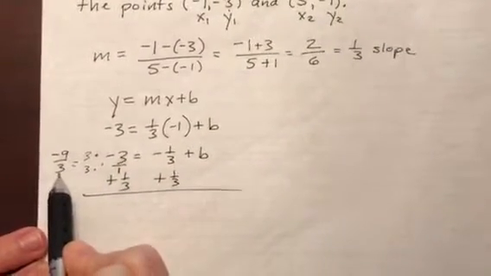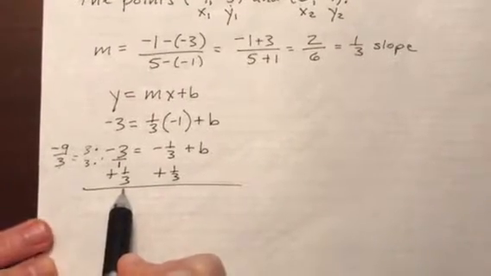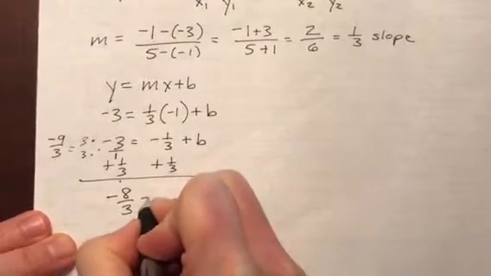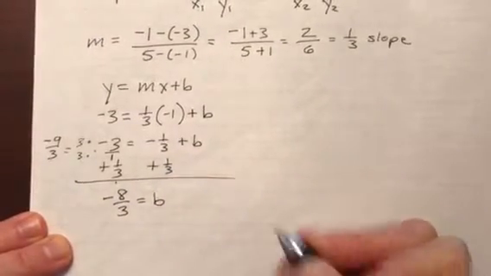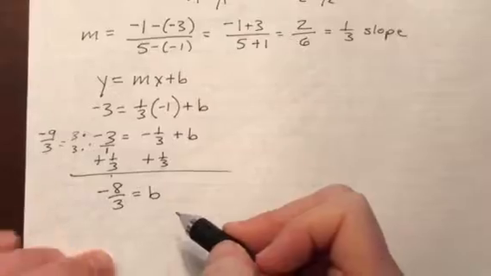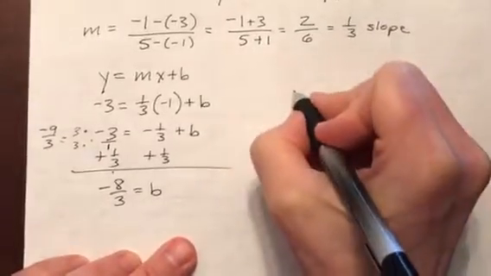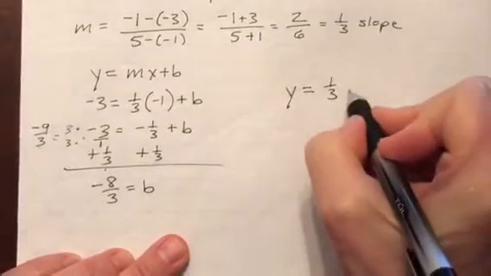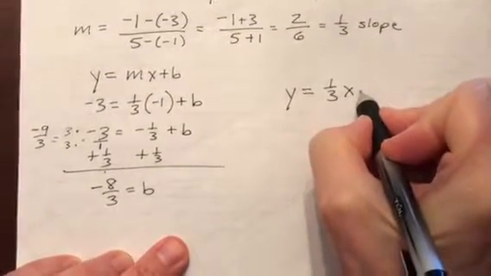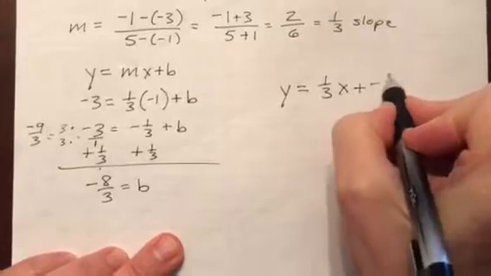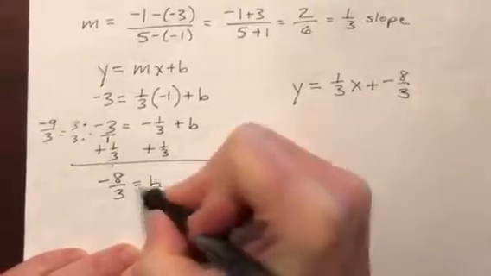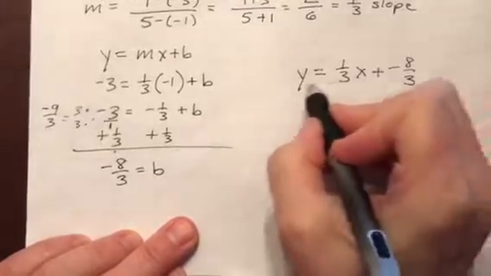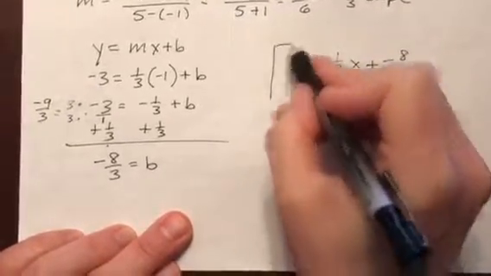And so we've got -9/3 plus 1/3 would make -8/3. That is our b. And you can just leave it in that form. That's the simplest form. And so our equation then is y = 1/3 x, 1/3 was our slope, plus that negative 8/3, our b. And so this means for any x and y on the line, this is the equation that relates those.